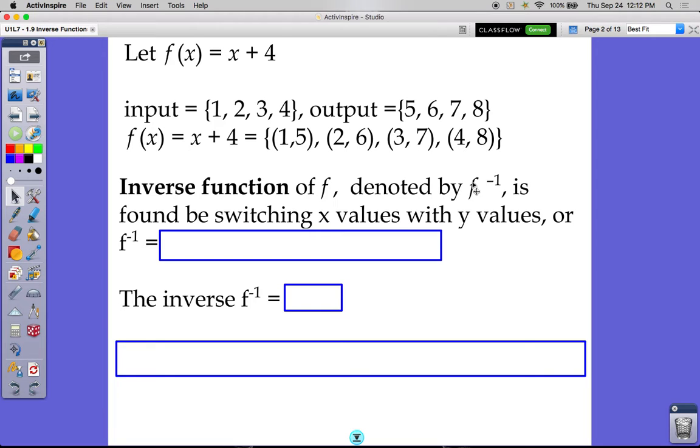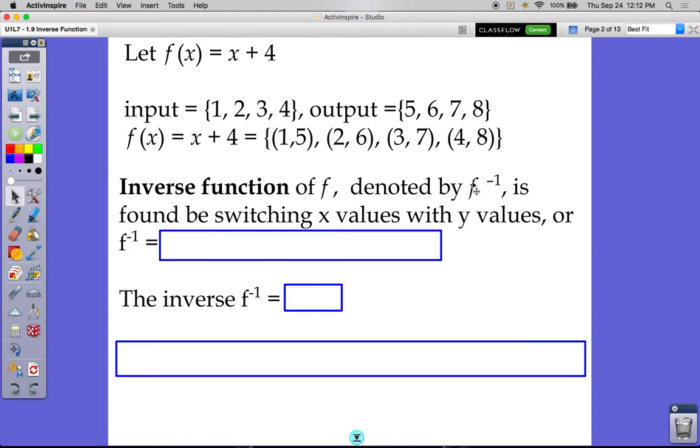An inverse function of f, denoted by f inverse, so the -1 exponent is not really an exponent, it's almost like a label that indicates that here we're talking about the inverse of function f of x. So when we see f -1, we mean the inverse function, and we find that by switching x and y values.